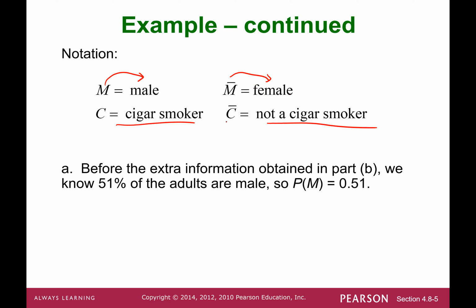So before the extra information, we know that 51% of adults are male, so the probability of male is 0.51, and the probability of female, the complement of male, will be 0.49. You can list those two.